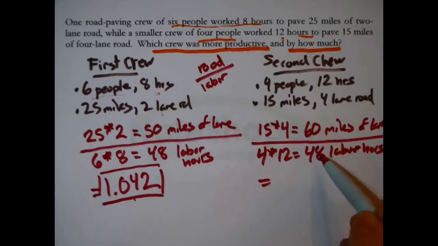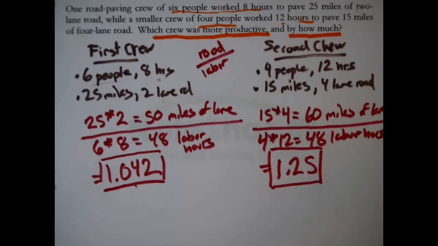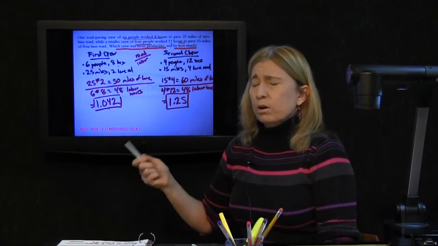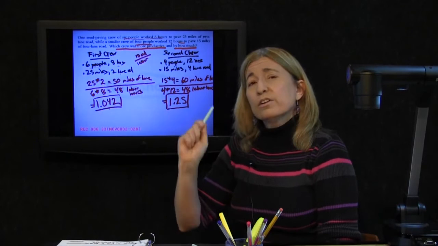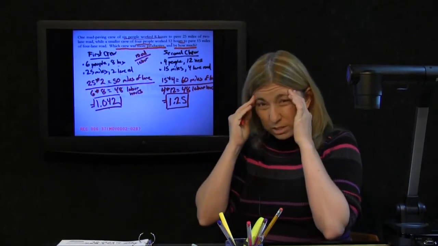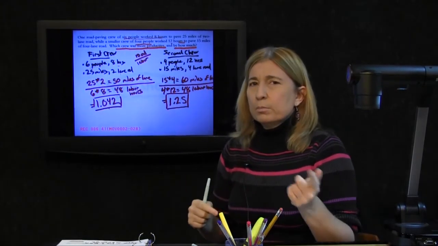Or 60 divided by 48, I get 1.25. That's the productivity measure there. 1.25 what? 1.25 miles of lane per labor hour. Now wait, what was the actual question? Which crew was more productive and by how much?